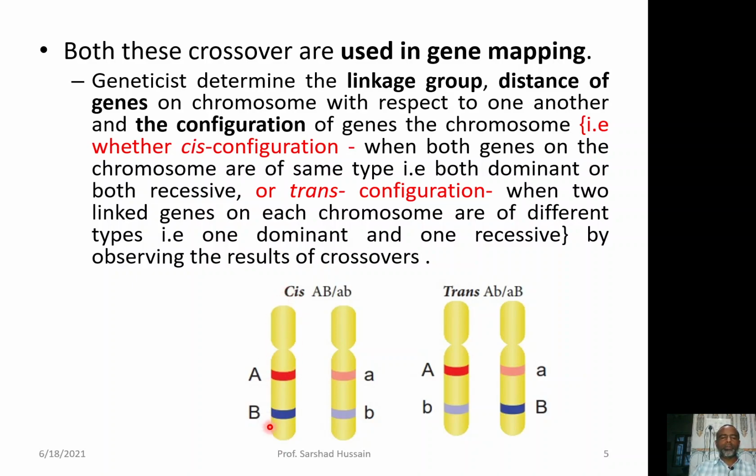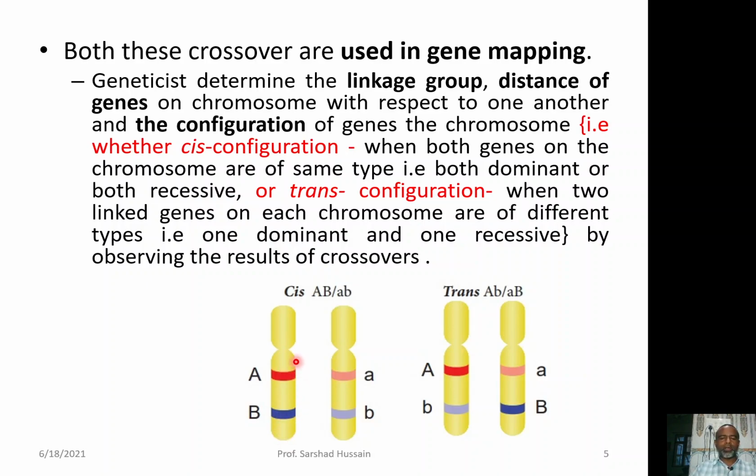So, here you are able to find out which linkage group is present in the chromosome. And the crossing over also tells us the distance between the two genes. So, that we too have discussed during the chromosome mapping, and in addition to it you may be able to know which configurations is present over there.